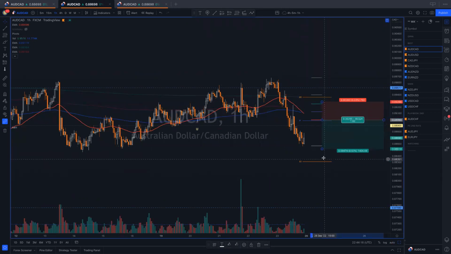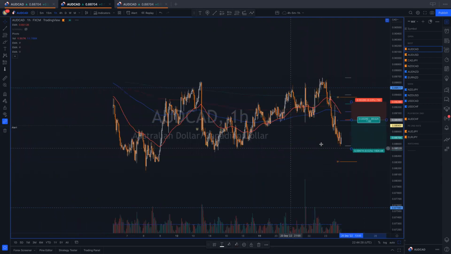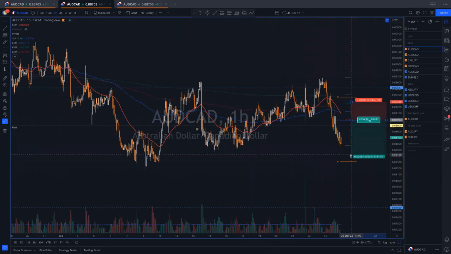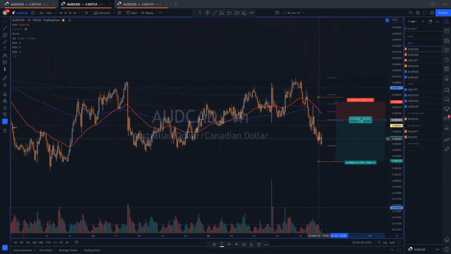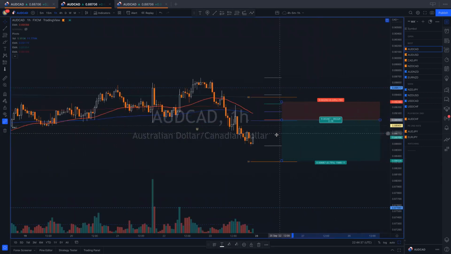Stop around here somewhere, and the take profit either for the lows, which will get you 1.6%, or you could take it a little bit lower to maybe these lows here, which is 2%. So there's something on offer there if it pulls back and gives us a nice entry.